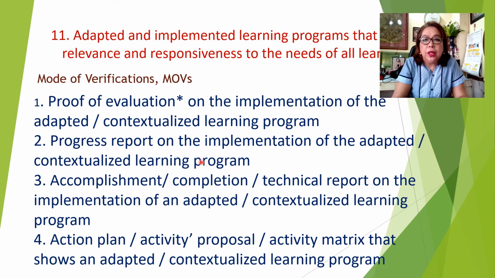Progress report on the implementation of the adapted conceptualized learning program. Completion, technical report on the implementation of an adapted conceptualized learning program. Action plan, activity proposal, activity matrix that shows an adapted conceptualized learning program.